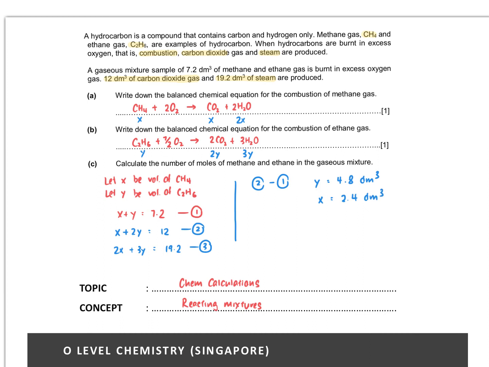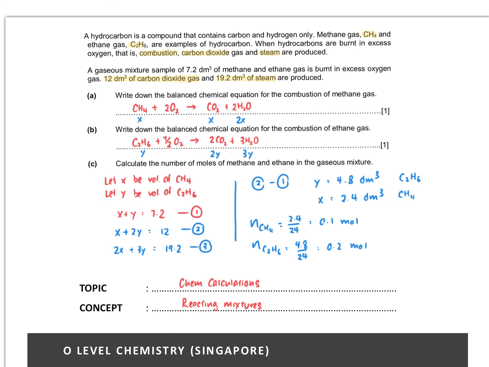Now that we have found the volumes of X and Y, meaning the volume of methane and ethane, we can easily find the number of moles by taking volume divided by molar volume. So number of moles of methane equals 2.4 over 24, which is 0.1 moles, and number of moles of ethane is 4.8 over 24, which is 0.2 moles.